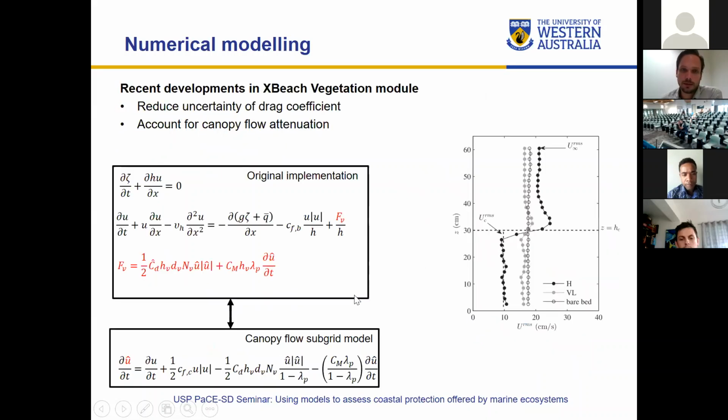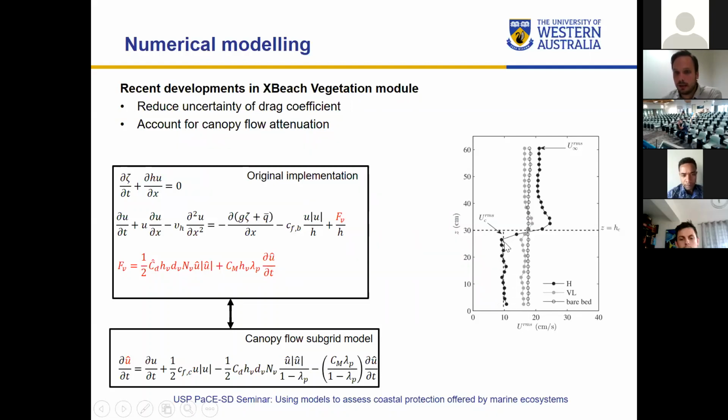But that's the problem with the drag coefficient: it includes a lot of uncertainty that we don't know. It includes flexibility, it includes that the flow velocity inside the canopy can be very different than above, and it includes spatial non-uniformity. So more recently here at DWA, we wanted to look specifically at the effect of the velocity inside the canopy. On the right plot is a measured wave velocity profile.